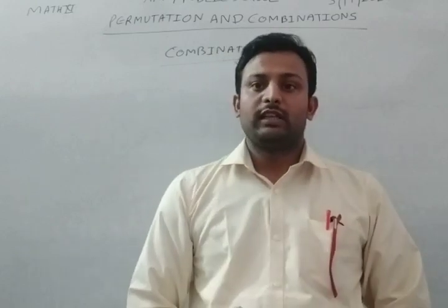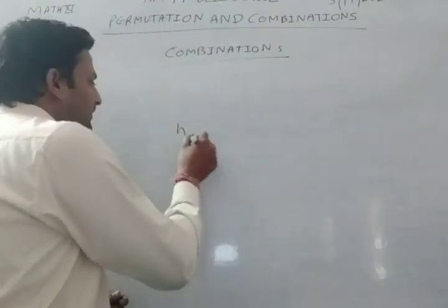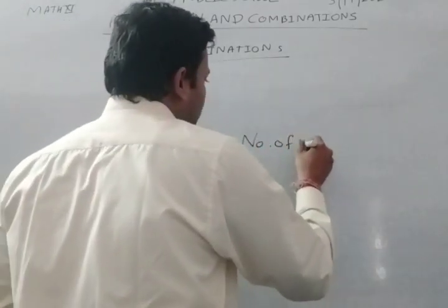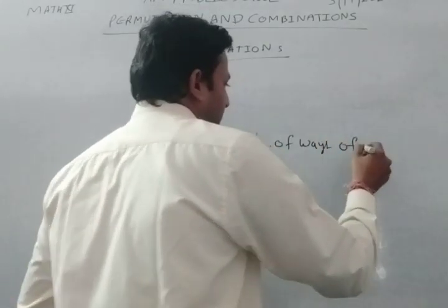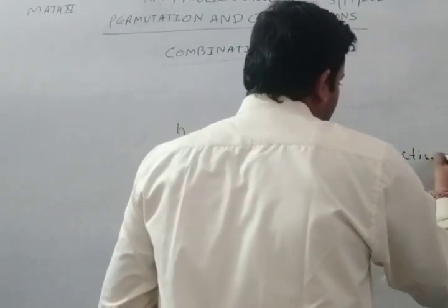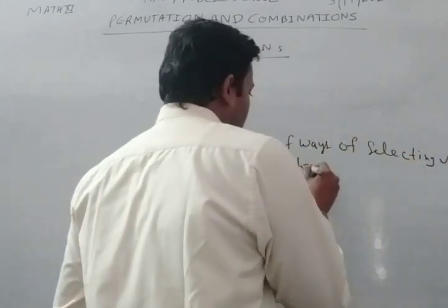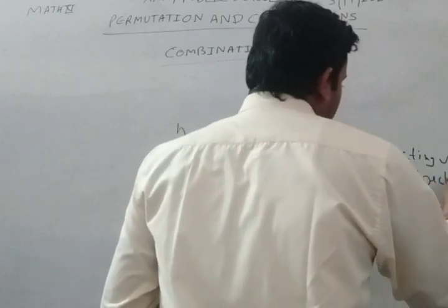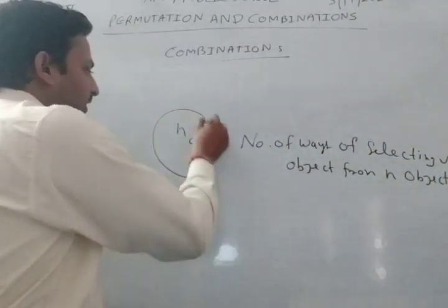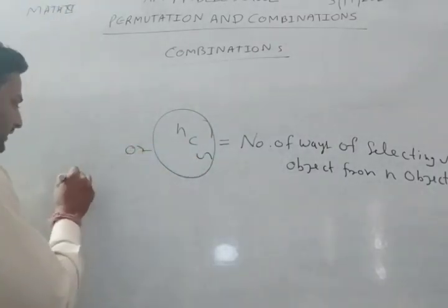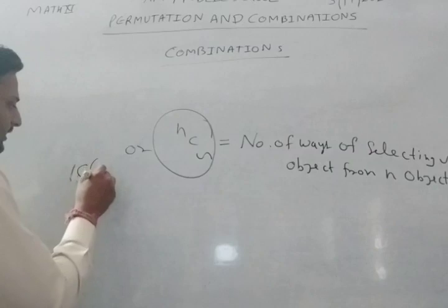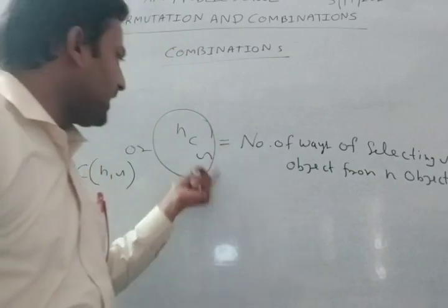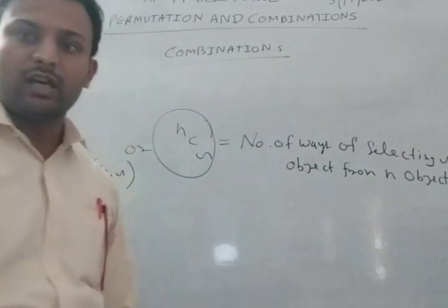We denote it by nCr. The number of ways of selecting r objects from n objects is denoted by nCr, or we can write it in the form C(n, r).